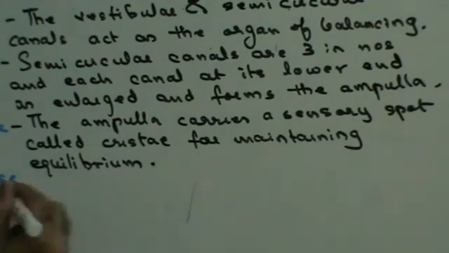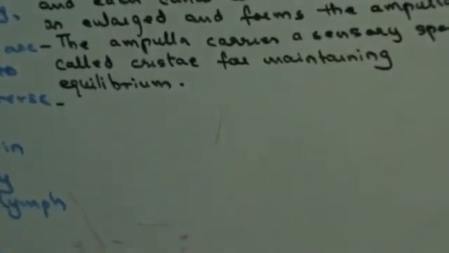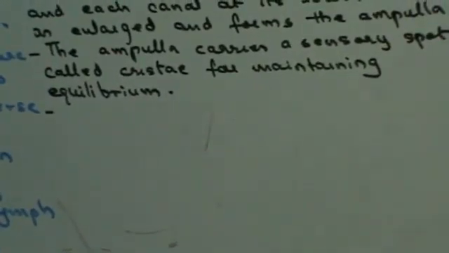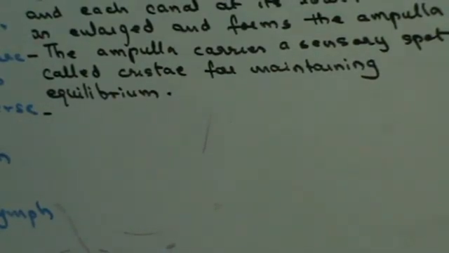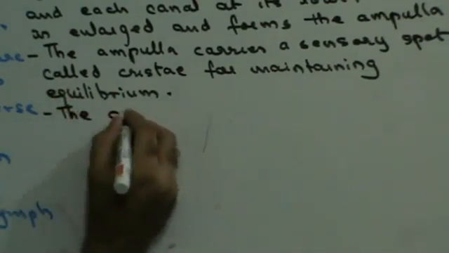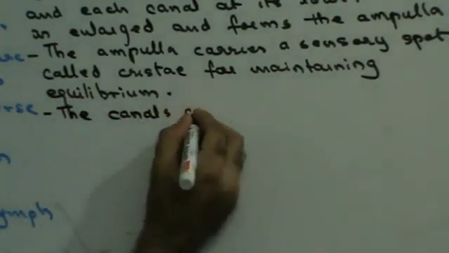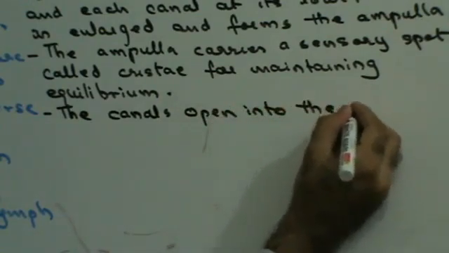Now, we had seen that the vestibular apparatus consists of the semicircular canals. It also has the utriculus and the sacculus, right? The canals open into the utricle.